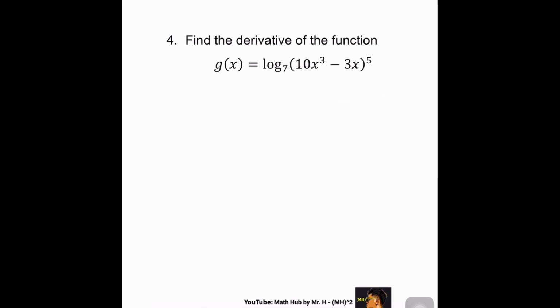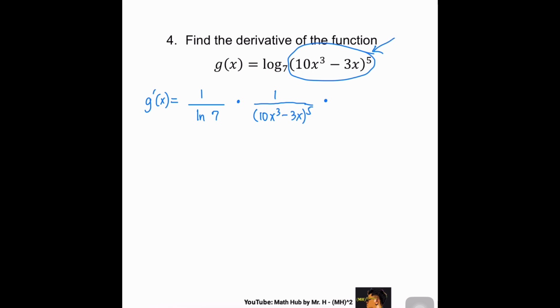All right, so we'll start with g prime of x. So 1 over ln of 7 times 1 over u, just the whole thing. So 1 divided by 10x cubed minus 3x to the power of 5 times the derivative of u.